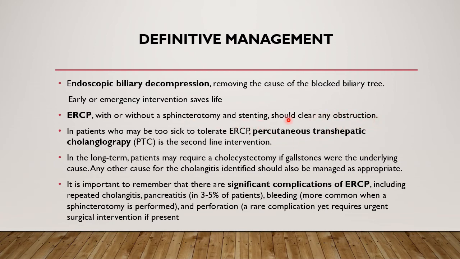This is the treatment of choice for all patients. In patients who may be too sick to tolerate ERCP, percutaneous transhepatic cholangiography or PTC can be used as a second line of intervention. But this investigation is becoming not so useful because ERCP is far superior to it.